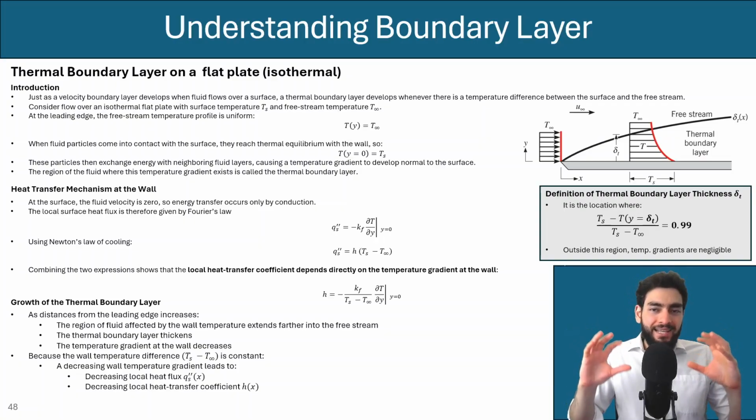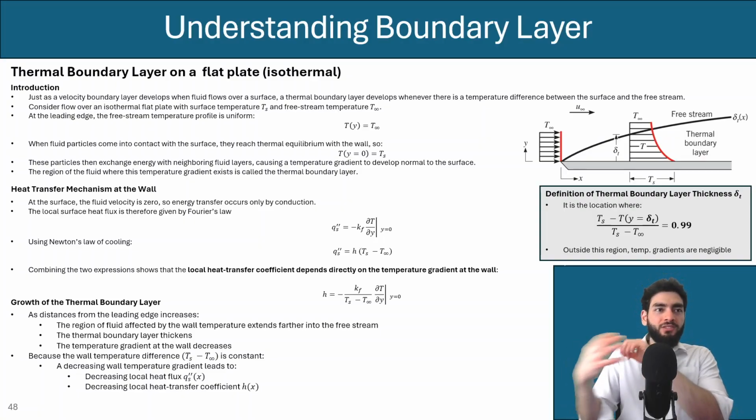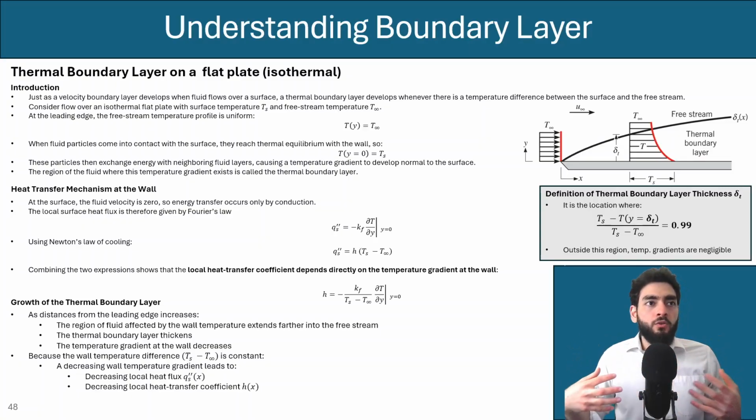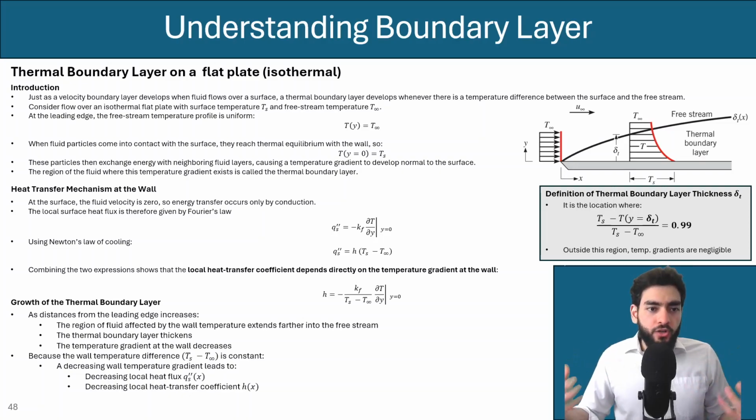So essentially, exactly how I explained the molecular diffusion, whereby you had a net exchange in momentum because you had slower velocity molecules colliding with higher velocity molecules adjacent to it, when that happens you also have an exchange of heat transfer. And so the region of the fluid where this temperature gradient exists would also now be called the thermal boundary layer.